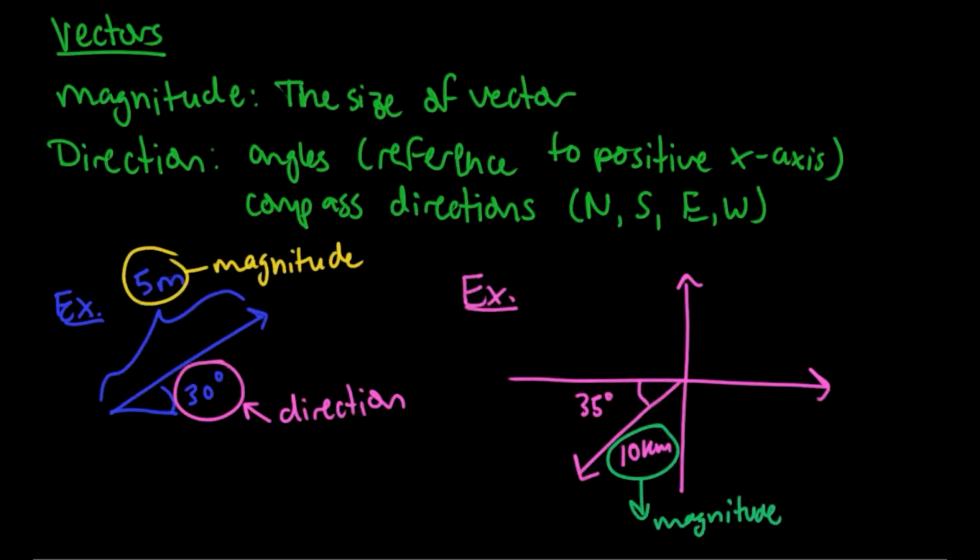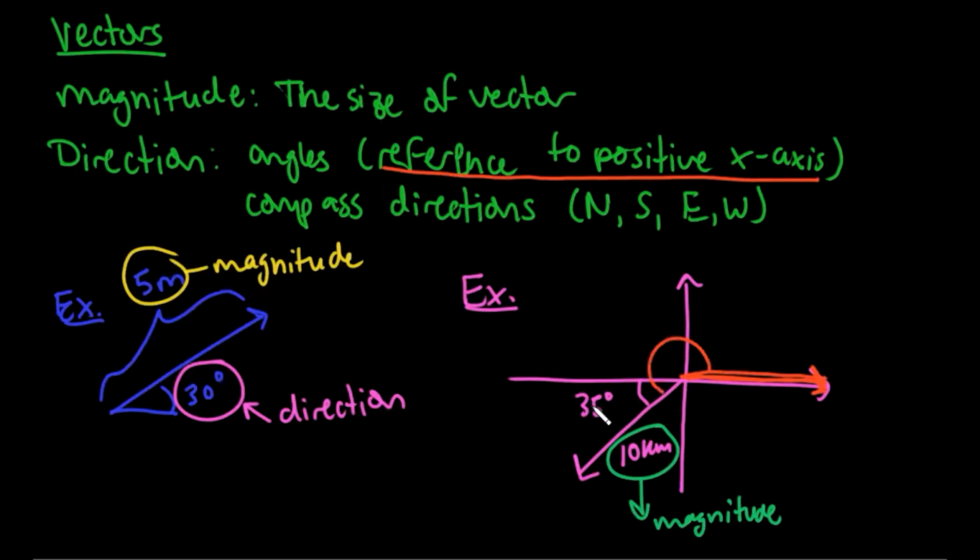But identifying the angle is going to be a little bit trickier, because remember, we have to refer to the positive x-axis. So we have to start from this point right here. And then we would measure the angle counterclockwise like this.